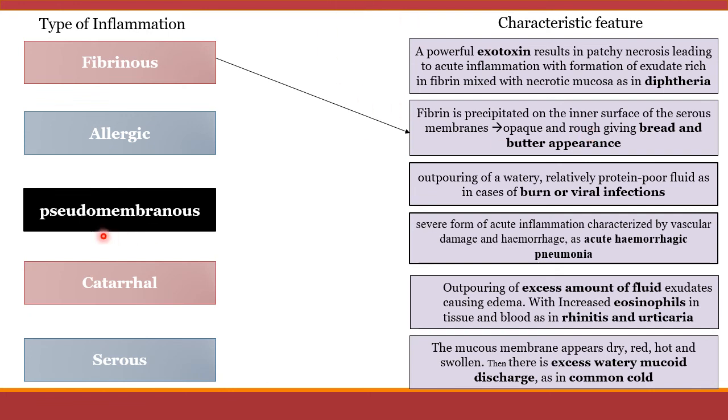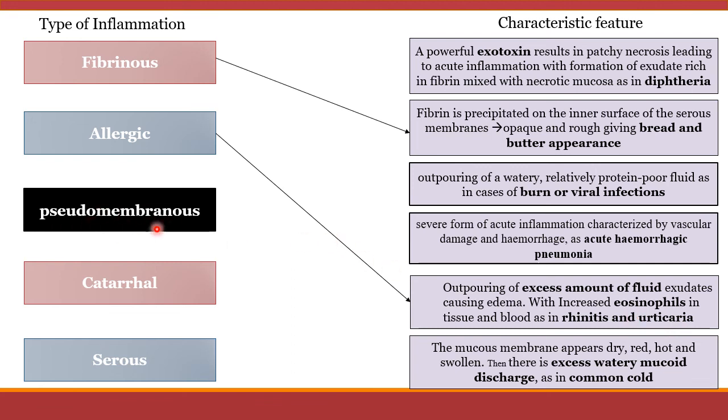The next type, the allergic inflammation. What is the best description for allergic inflammation? Yes, it is characterized by outpouring of excess amount of exudates or fluids causing edema with increased eosinophils, and this is common in cases of rhinitis, inflammation of the nose, and in cases of urticaria, which is an allergy of the skin.